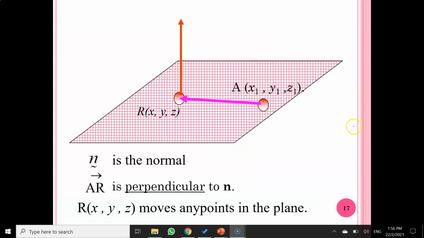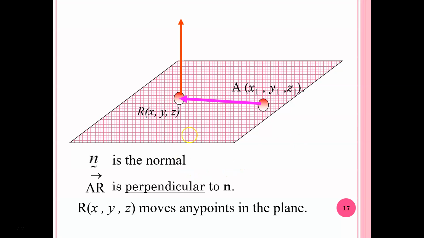Okay, so let's see it more clearly. This is a plan, the one in the rectangle shape. Okay, yang 4 segi ni adalah kita punya plan. So you have n, vector n is the normal. Normal actually dia berserenjang or perpendicular with the plan. So this is your n actually.